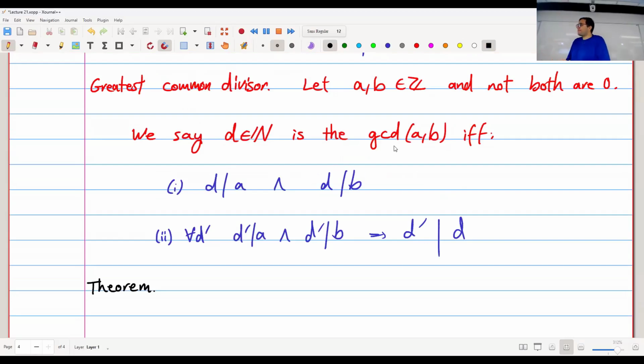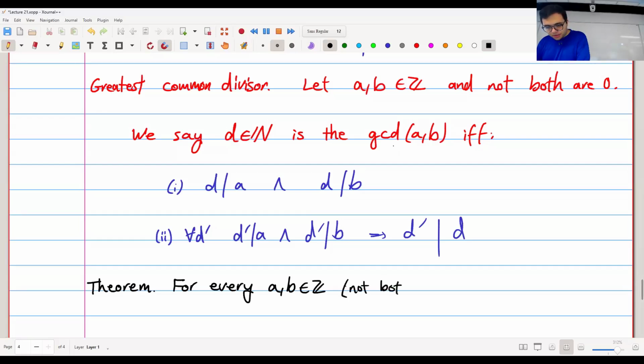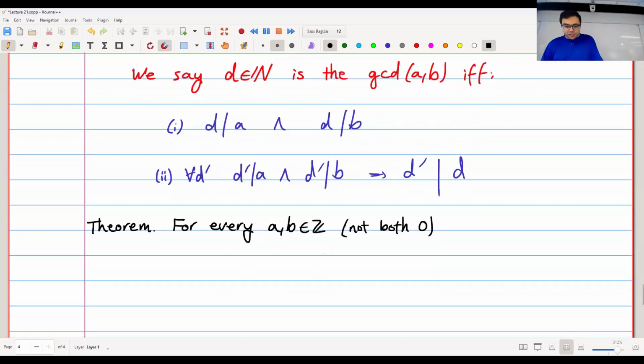So I want to say for every natural numbers A and B in Z, where not both of them are zero, I want to say that this D exists, this GCD exists, and I want to say something more.